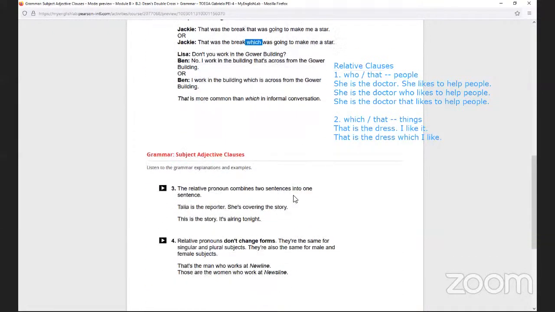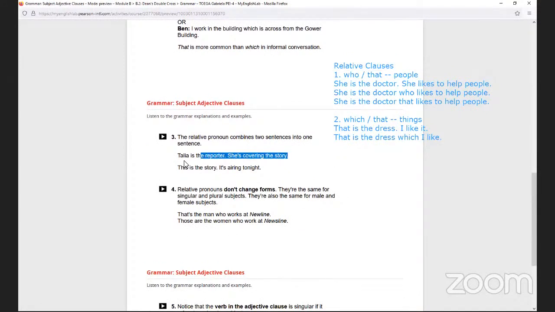Okay, so for example, this, how could you join these two sentences in only one, Gabby? Talia is the reporter who is covering the story. Perfect. The second one? This is the story which is airing tonight.